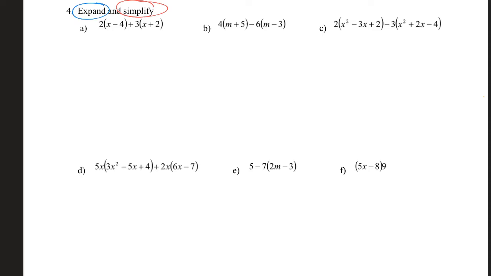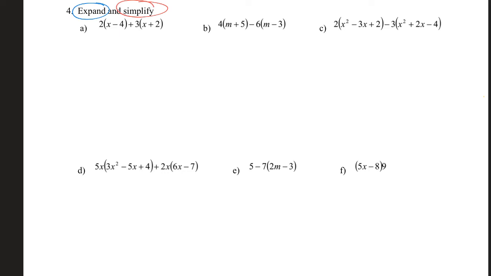No. So we cannot do the subtraction in the first bracket or the addition in the second bracket. So we go to our next operation, and can you see your 2 multiplication operations in that expression? We've got multiply in between the 2 and the bracket, and we have multiply in between the 3 and the bracket.